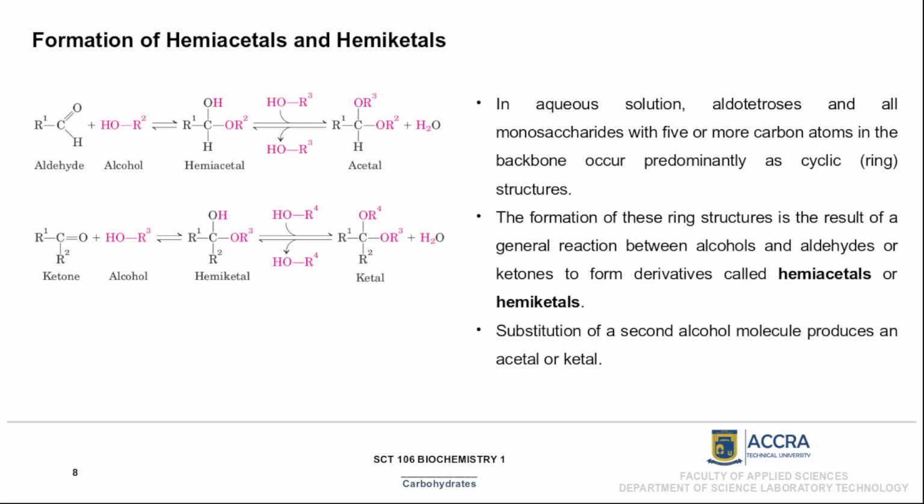To understand why these monosaccharides exist as cyclic ring structures, we need to understand how these ring structures are formed as a result of a general reaction between alcohols and aldehydes or ketones to form derivatives called hemiacetals or hemiketals.